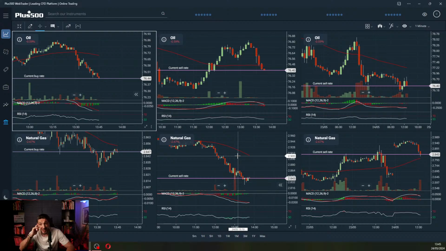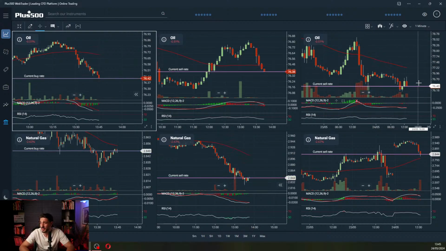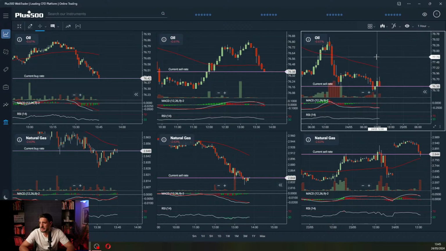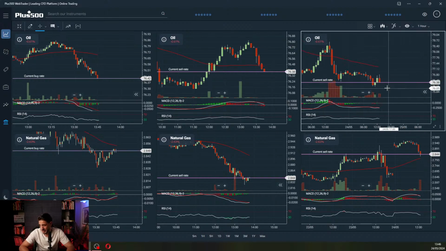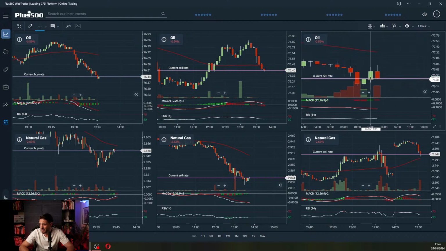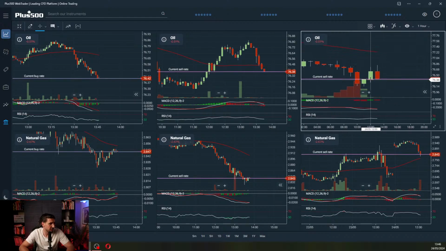I don't think it has hit a support, because if you look at the 1 hour chart, then obviously you see there's no supports here. I mean, although there is a little support right here, 76.36, as a potentially good support, but again, I don't know if that's going to be enough to hold it, because we just broke the 5-minute time frame moving average, and also we continue down selling on the minute as well.